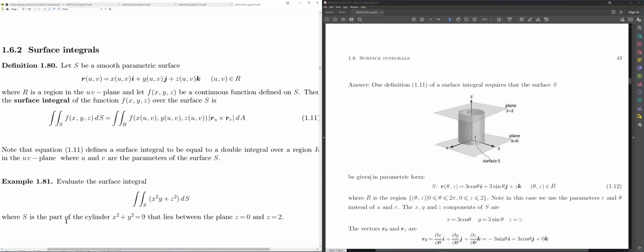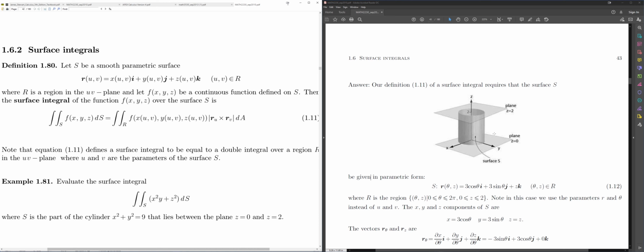But they're saying that this cylinder is cut so that it lies between these two horizontal planes, z is equal to 0 and z is equal to 2. So the actual surface is the surface of the cylinder over here.